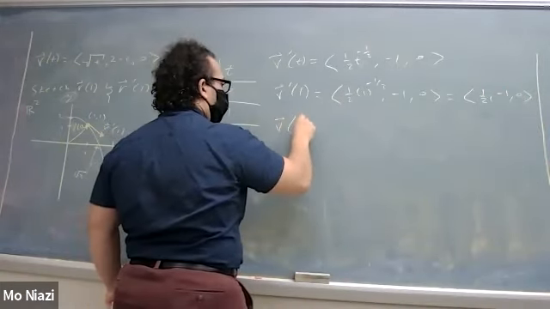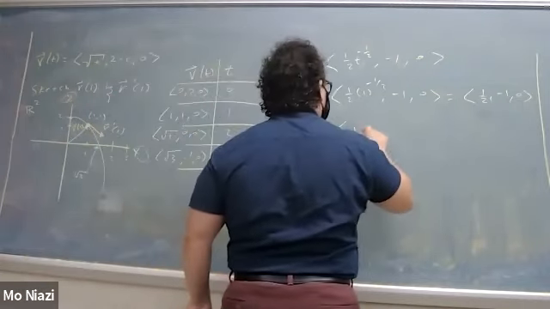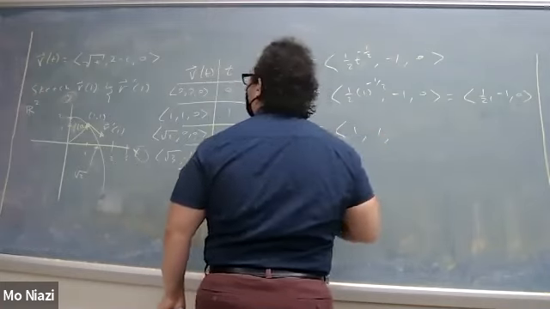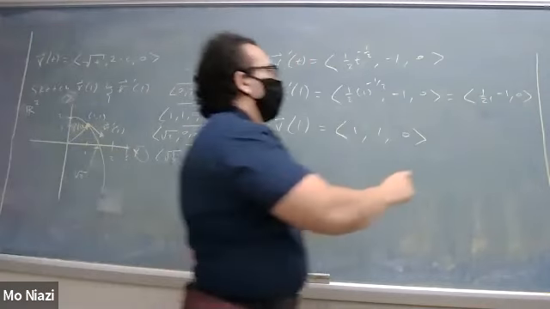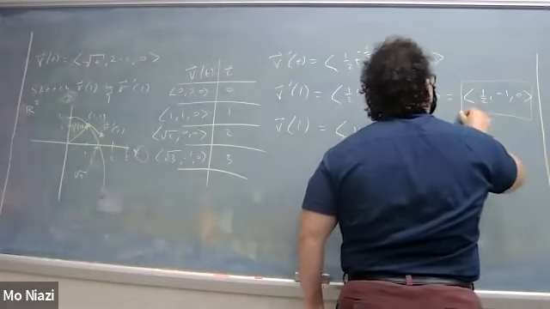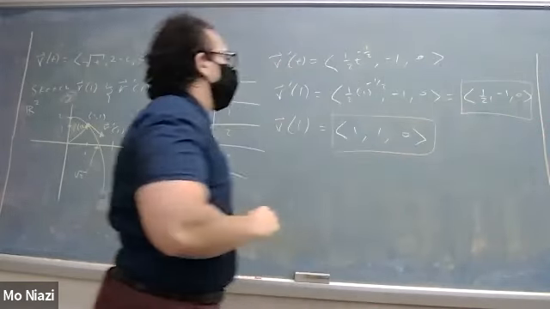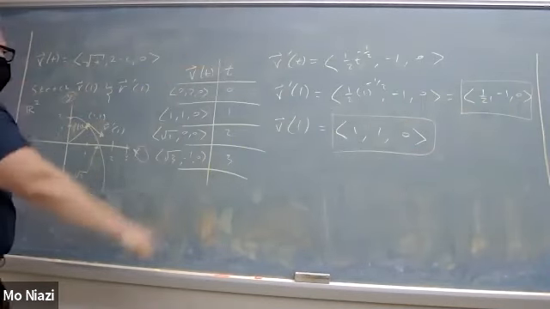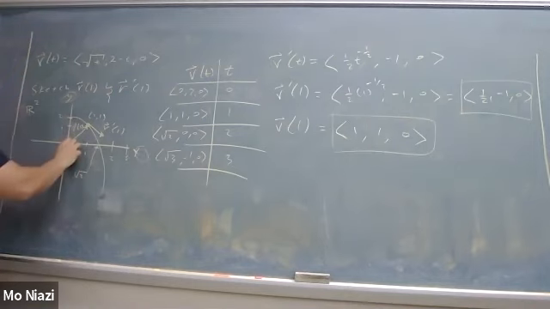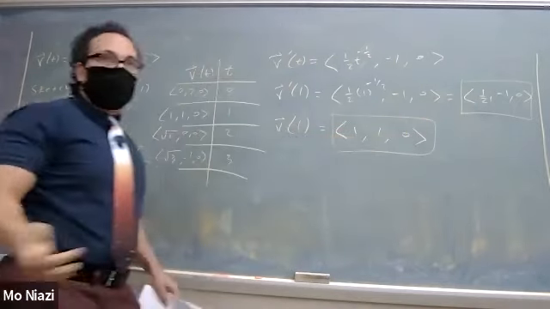And similarly, our r of 1 is evaluating it here. Square root of 1 is 1. 2 minus 1 is 1. 0, 0. Okay? So this is our r of 1. And here's our r prime of 1. It starts at the origin and it points at 1, 1, 0.